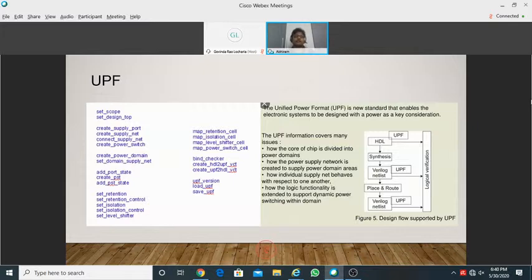So what if you switch from one power state to another power state, or if you dynamically change the power domain, are there any issues with respect to those? Those also have to be verified at the logical level. So power aware verification is also pretty interesting and challenging in the latest SOCs.